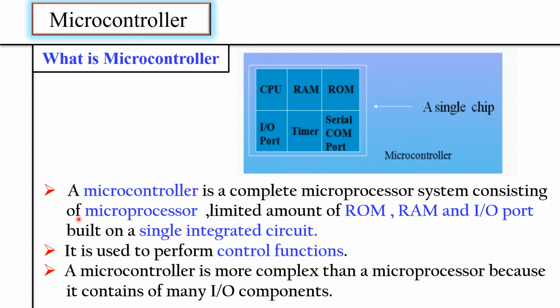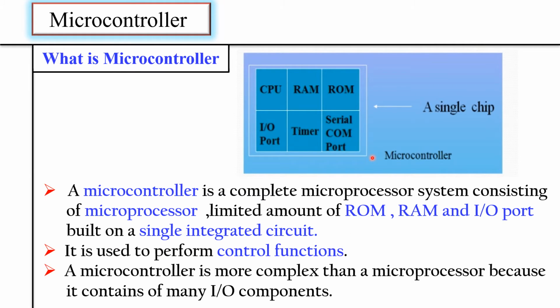It is more complex than the microprocessor because it consists of many input and output components. Clear? So a microcontroller is a complete microprocessor system consisting of microprocessor, limited amount of ROM or EEPROM, RAM and input-output ports built on a single integrated IC, a single chip.